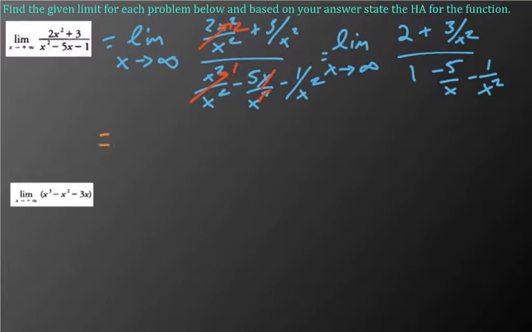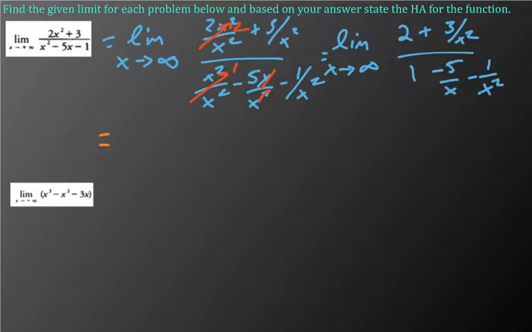So we know the limit of constants are just constants, and then these ones, as x gets big, like we were talking, this would get really small, and this would too. Because 3 divided by increasingly larger numbers is going to be increasingly smaller. Likewise, negative 5 over increasingly large numbers is going to be really, really small.